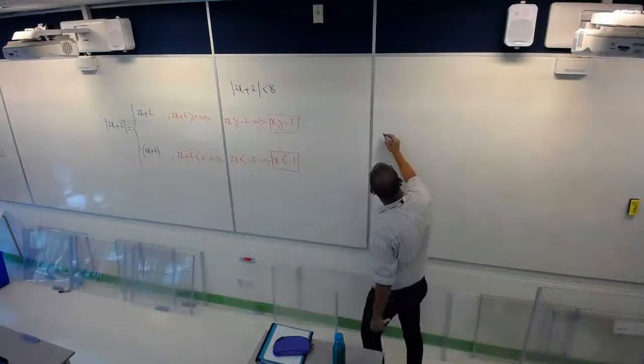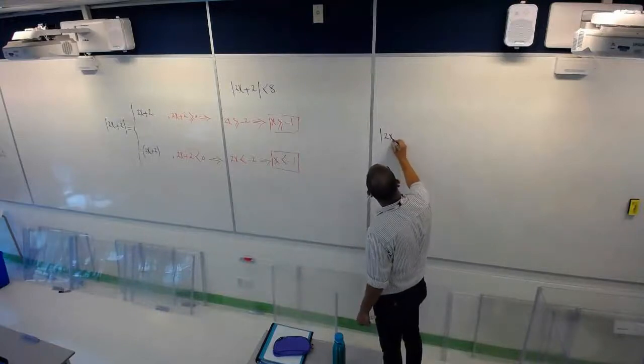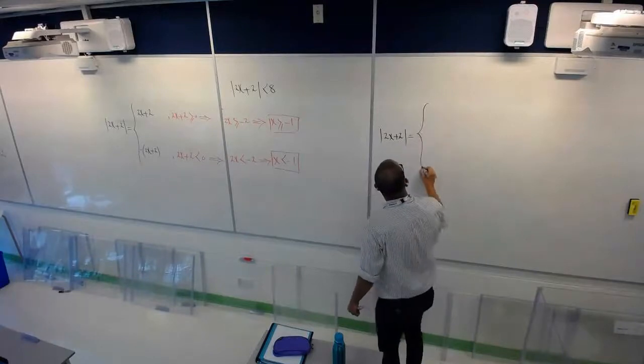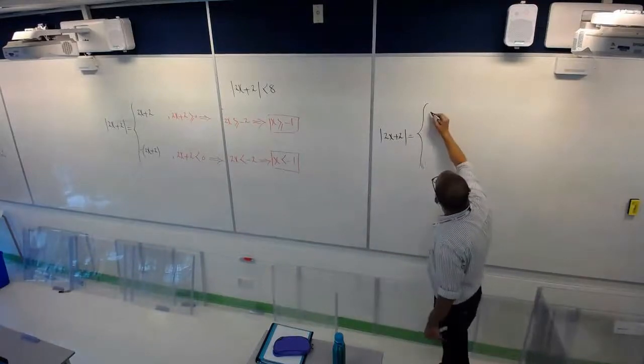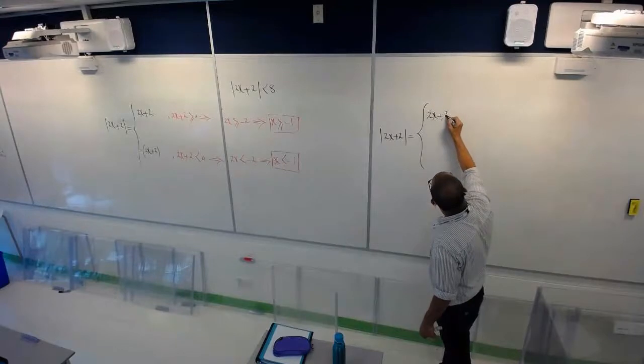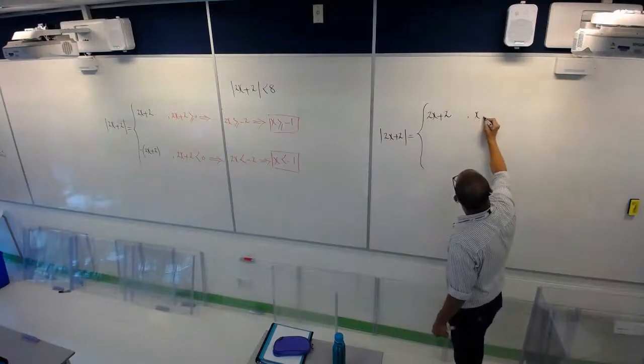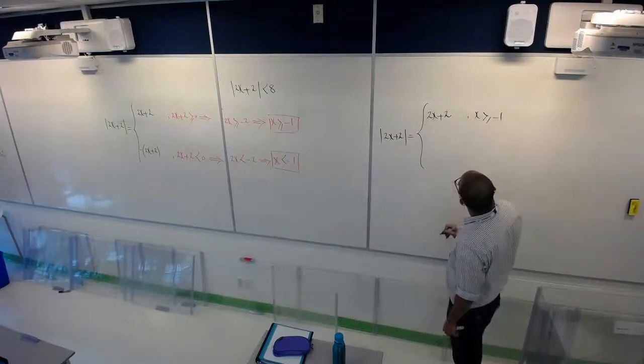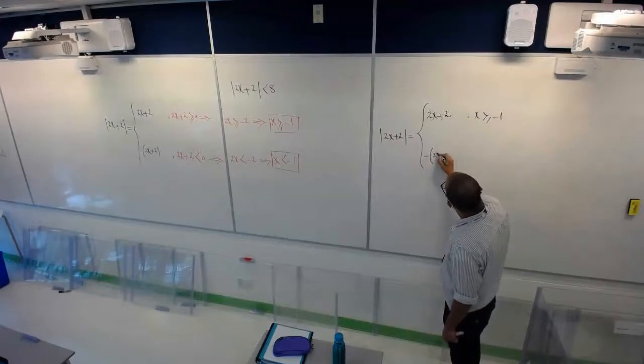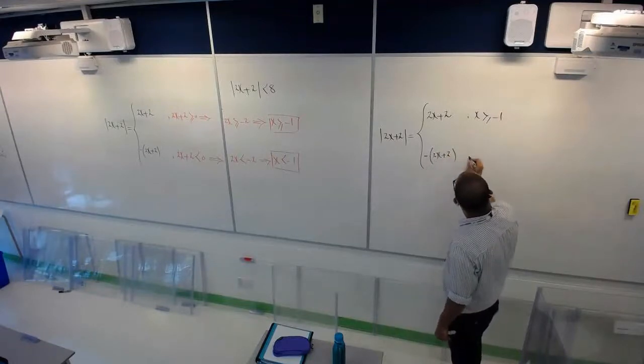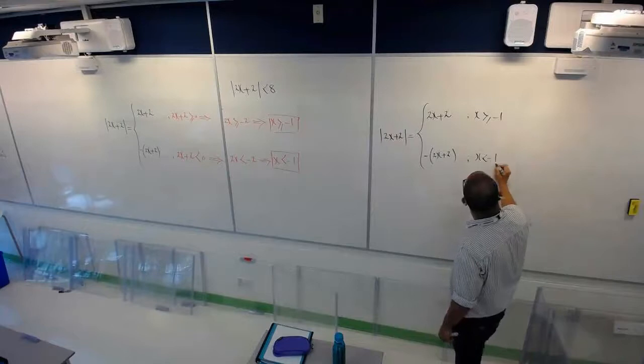I say that the absolute value of 2x plus 2 is like this function. It becomes 2x plus 2 if and only if x is greater than minus 1, or minus 2x minus 2 if and only if x is less than minus 1.